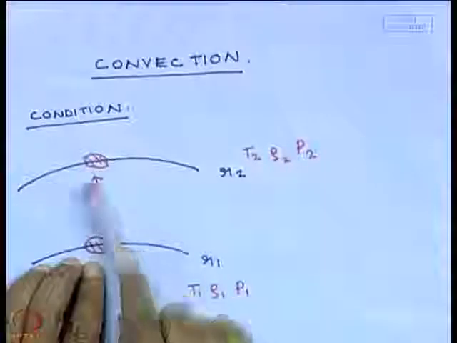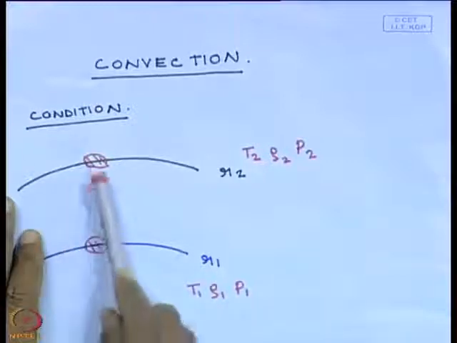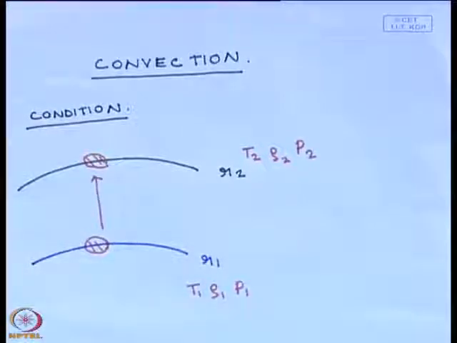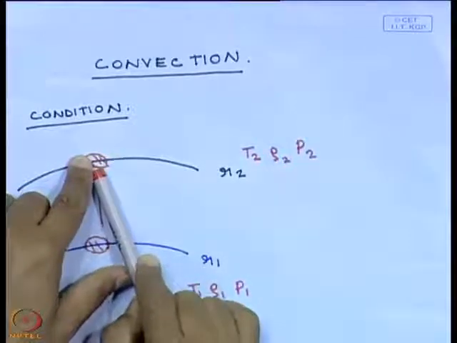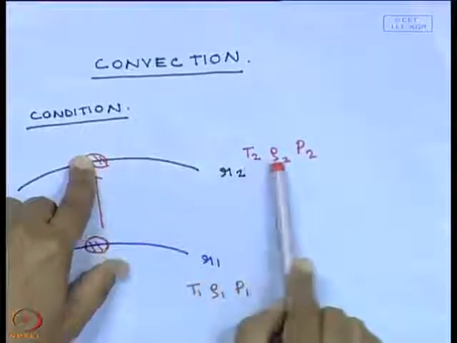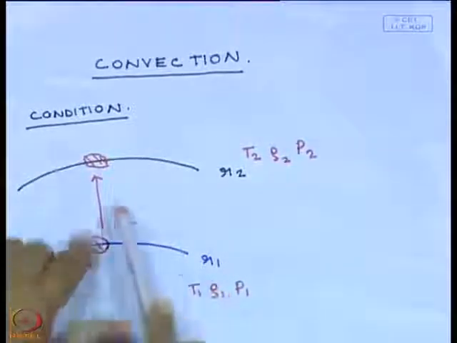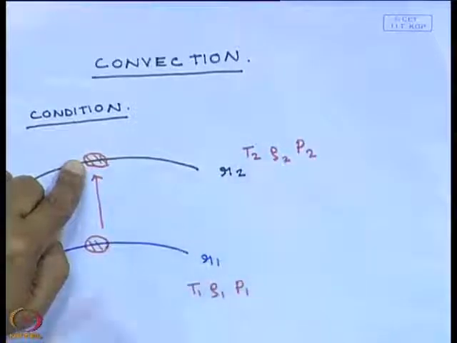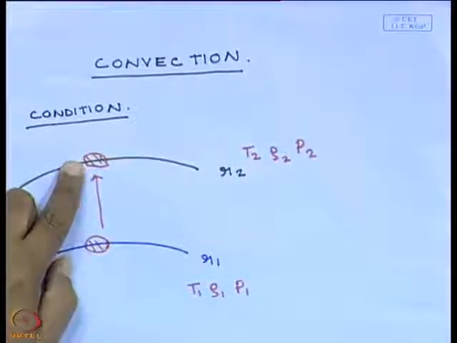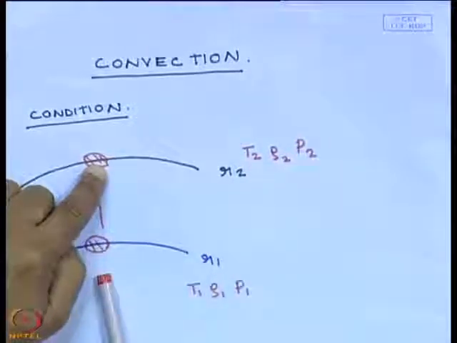Now, when the bubble moves up, we will assume that it is in mechanical equilibrium with the surrounding. When it comes here, it now experiences the pressure P2. It was earlier experiencing the pressure P1. It is in a surrounding which has a different pressure P2, and the temperature also is lower than where it was earlier.